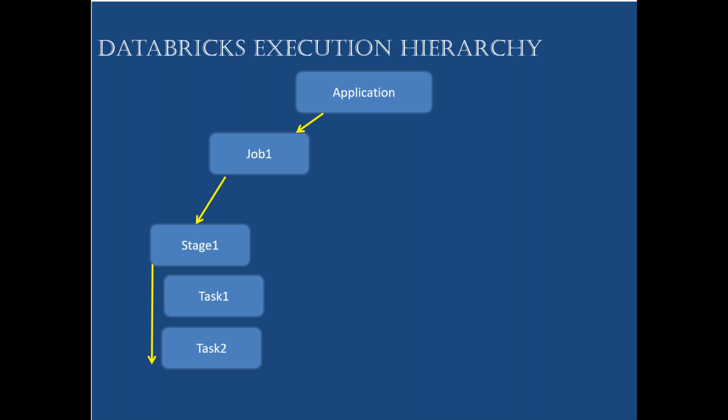Exactly, when shuffling happens, a new stage gets created. When will shuffling happen? In the case of wide transformations, very good. What are examples of wide transformations? Group by, join, reduce by, all these are examples of wide transformations.